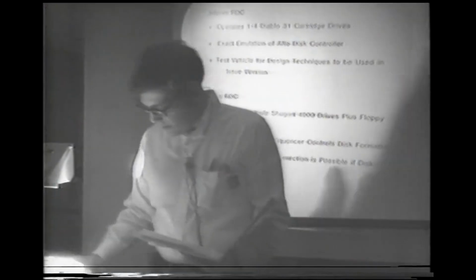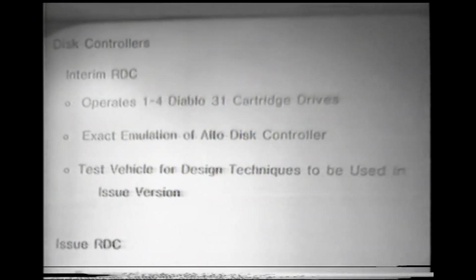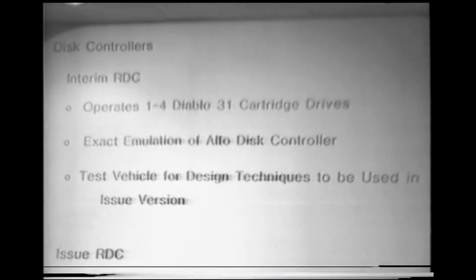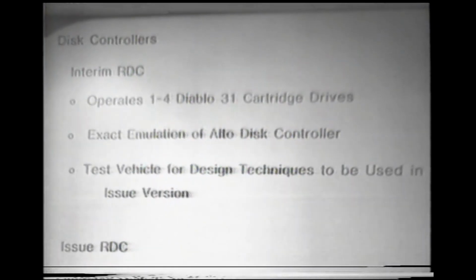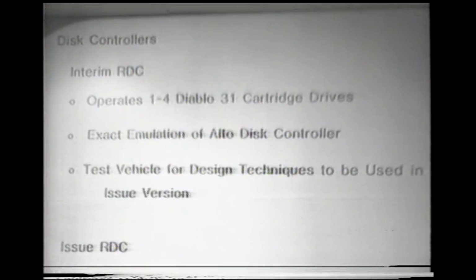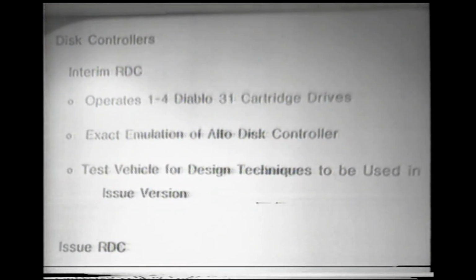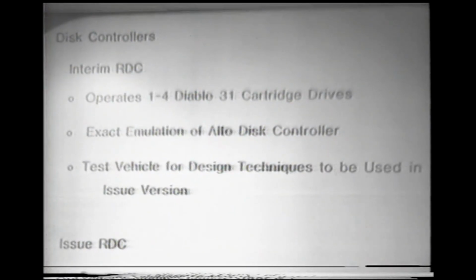Okay, disk controllers, there are 2 flavors. The first one is an exact emulation of the Alto disk, so that software development can proceed with vigor. It operates from 1 to 4 Diablo Model 31 drives. It's an exact emulation of the Alto. You can put an Alto disk into a D0, boot it, and it will run.